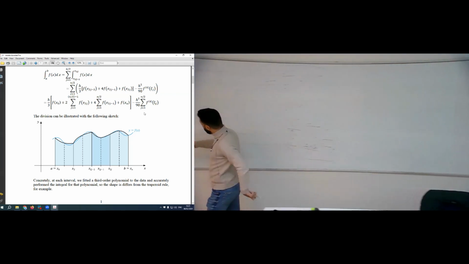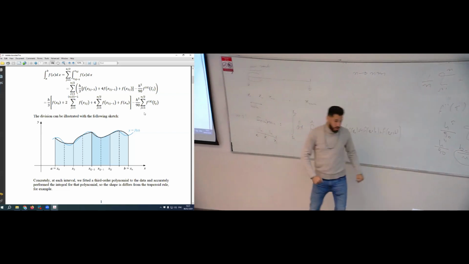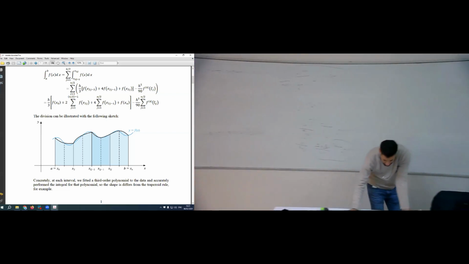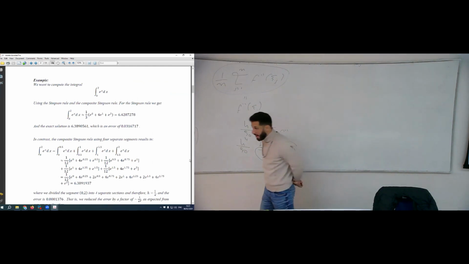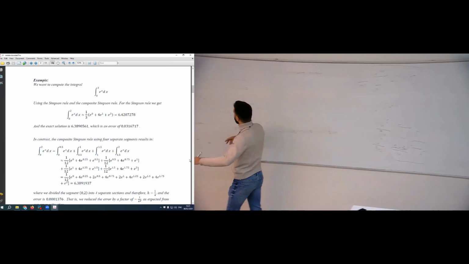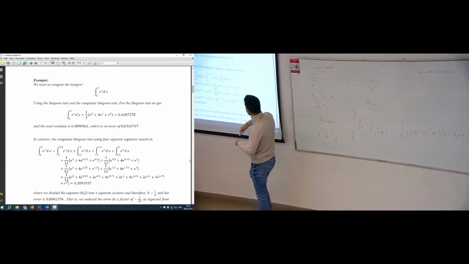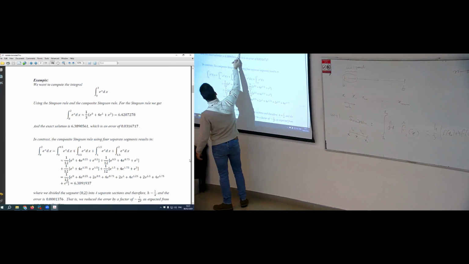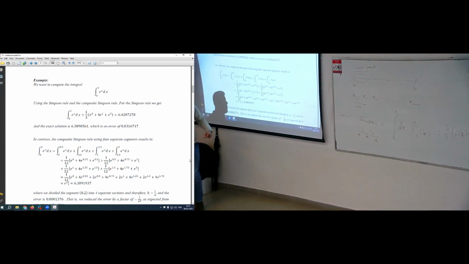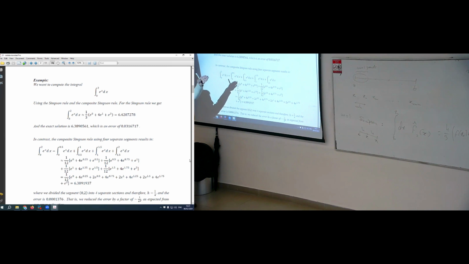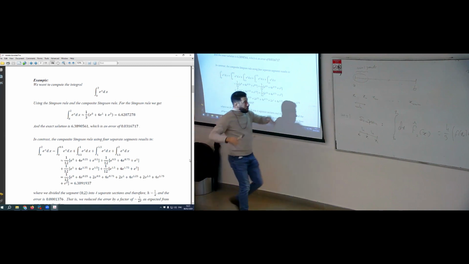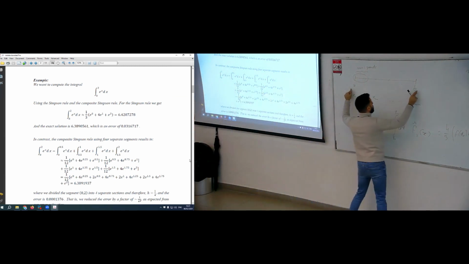Okay, so again, it goes like h to the 4th. And here's an example. If we want to calculate this integral, we can take h to be 1. You see why h is 1? Because here are only 3 points, and I only take the rule for the whole segment, a to b.